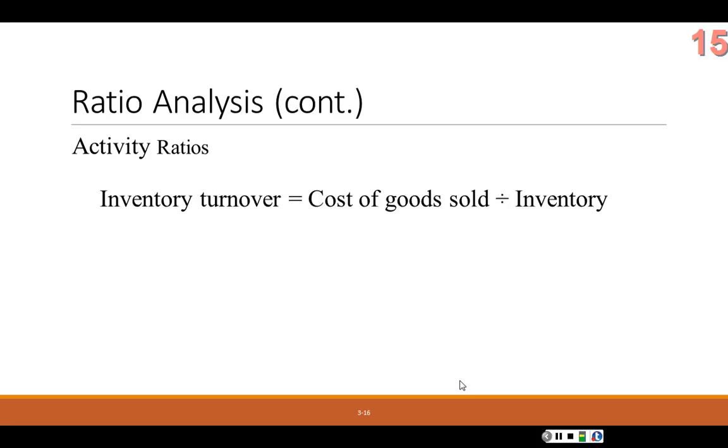If we apply this to Bartlett Company, cost of goods sold is found on the income statement. That is $2,088. We divide that by our inventory levels, which is found on the balance sheet, 289. And we see 7.2. So the inventory is turning over 7.2 times per year.